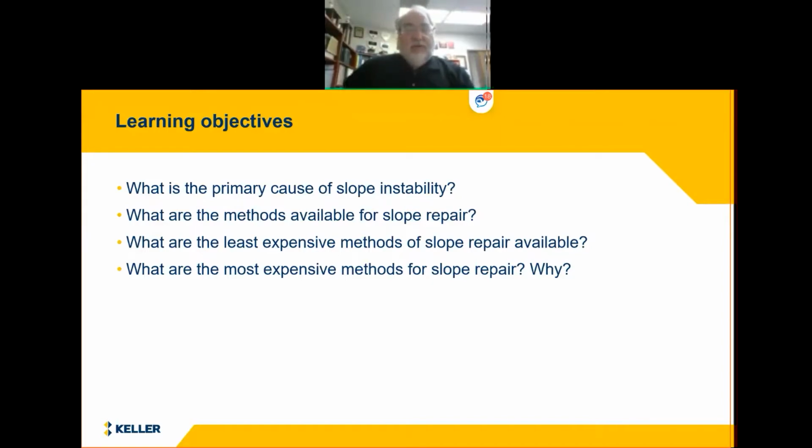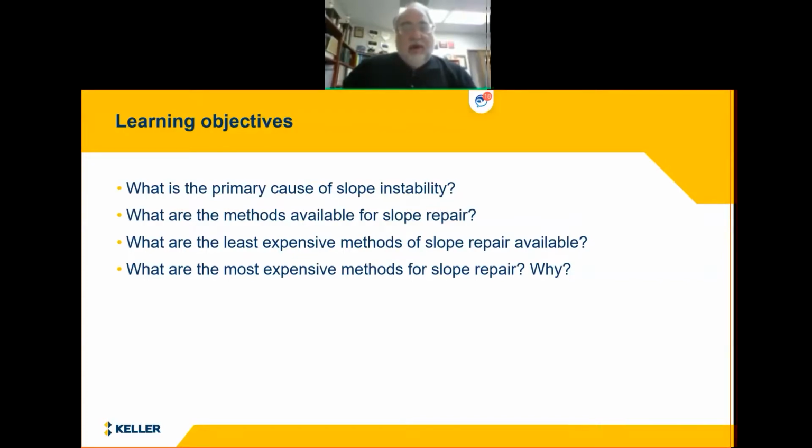To start off with, we'll talk about some learning objectives. They are: what are the primary causes of slope instability? What methods are available to repair slopes when they fail? And this is what we'll talk about mainly, all of the available methods offered by geotechnical contractors for slope repair.